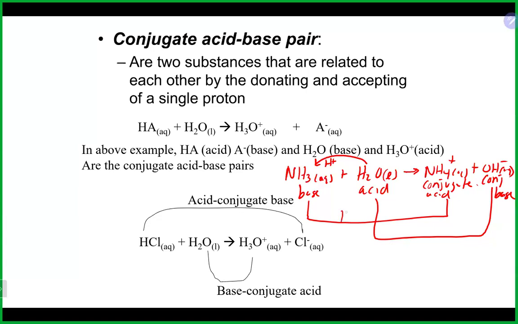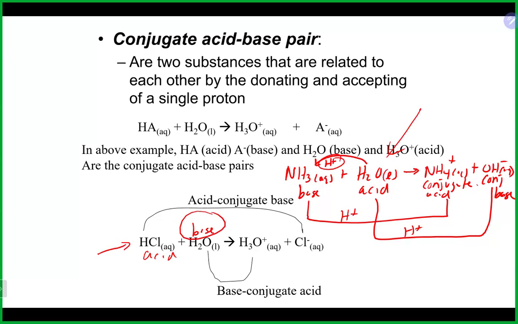Again, the only difference is one H plus, which in this case is being sent over to the ammonia from the water. By the way, in the reaction on the bottom, water is the acid or the base? It is the base, right? In this reaction, water is the acid. Water actually can act both ways.